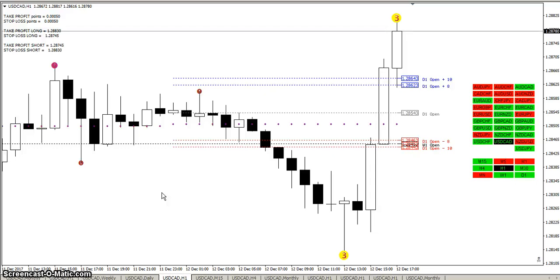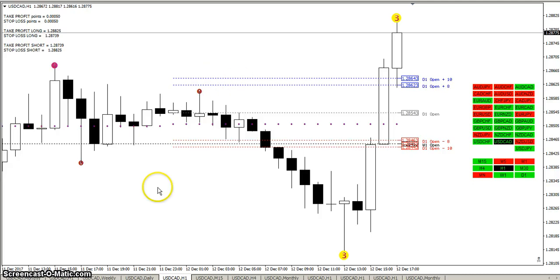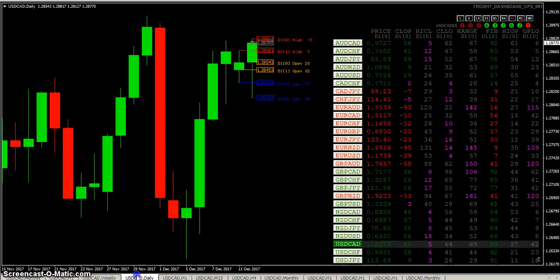I go, well, really everything that needs to be said has been said. The method hasn't changed in over a decade. It's so simple. Unless there is a pair that only ranges 20 pips, like here.